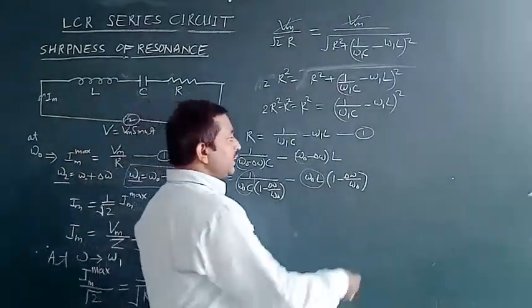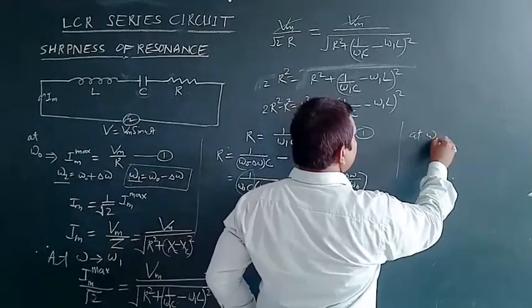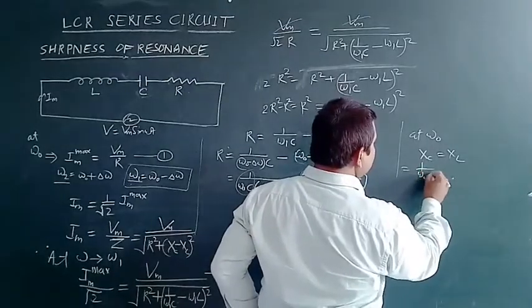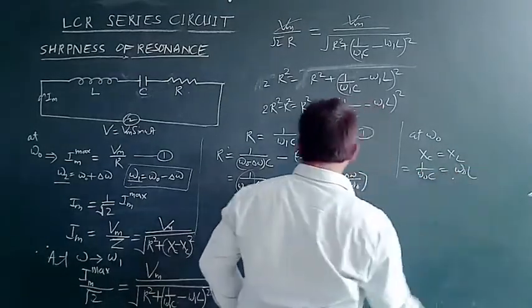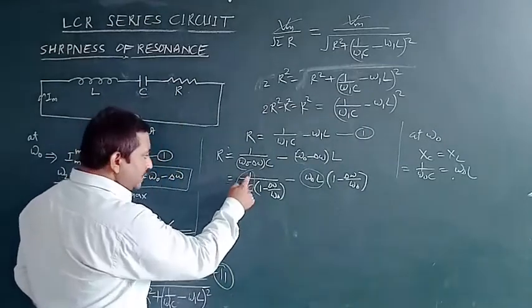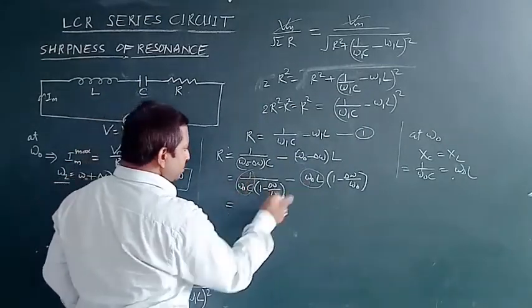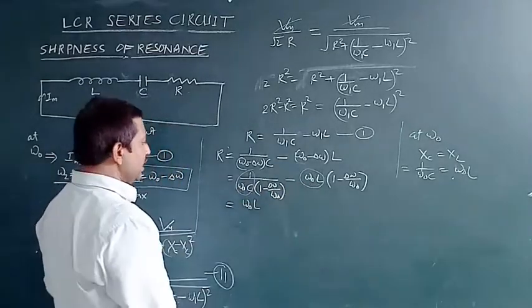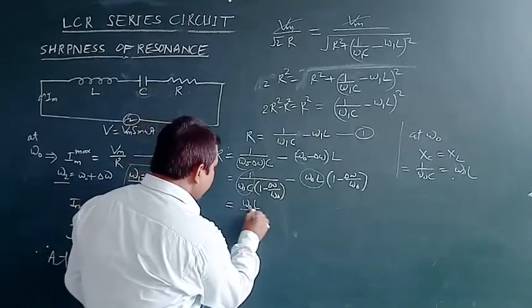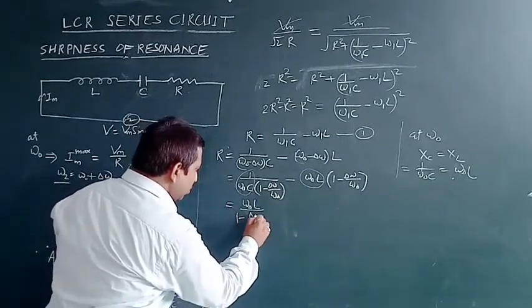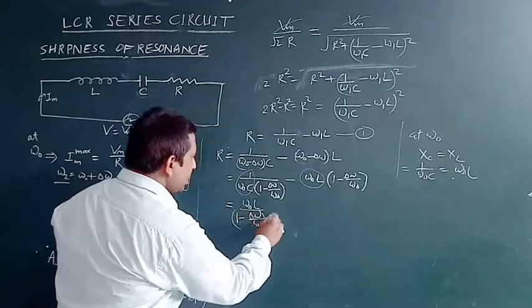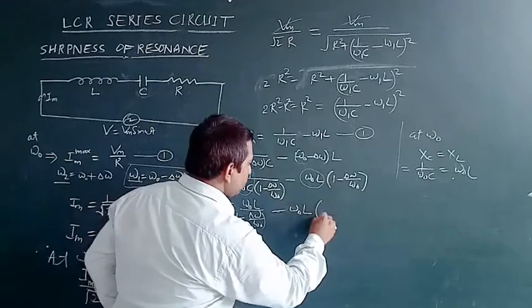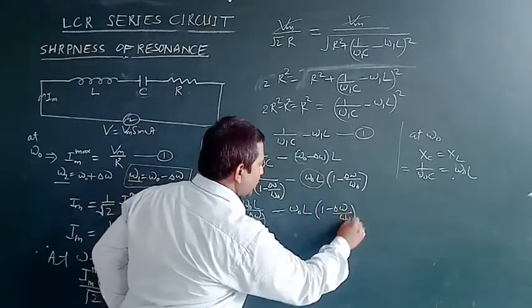So at resonance frequency, at omega naught XC is equal to XL, it means 1 by omega naught C is equal to omega naught L. So this can be replaced by this term, it means this can also be written as omega naught L. So this is the value of omega naught L. Omega naught L divided by (1 minus delta omega by omega naught) is equal to minus of omega naught L (1 minus delta omega by omega naught).